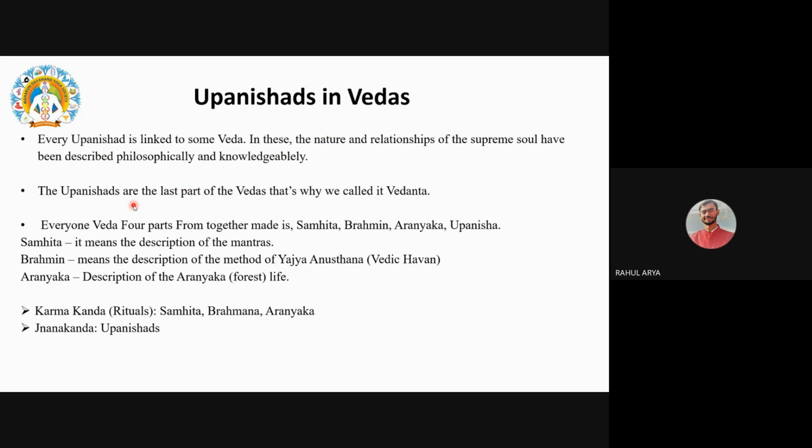There are four Vedas, but a few gurus and sages call the Upanishads the fifth Veda, because they say it is the last part of the Veda.